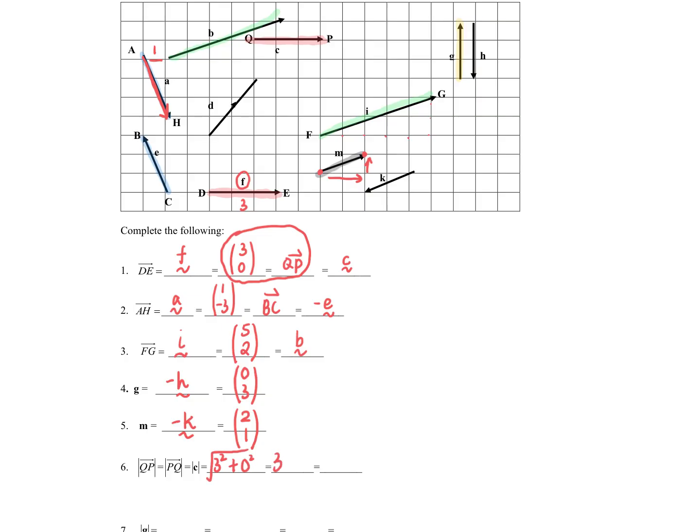So it's equal to 3 units. It's just Pythagoras theorem. So what is this also equal to? It's also equal to the magnitude of F, because just now we already stated that they are equal.